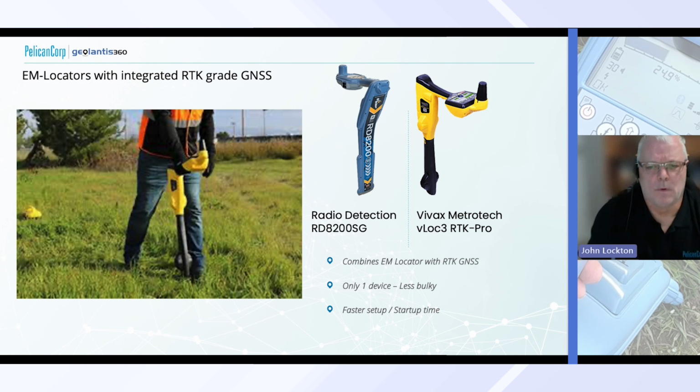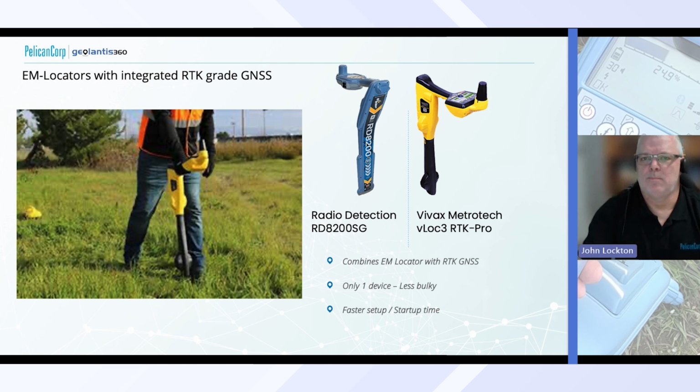Delving down a bit more into the EM locator front, the industry trend at the moment is integration of some of these sensors into a combined sensor. So these two examples of basically combining the EM locator along with an RTK grade GNSS device.